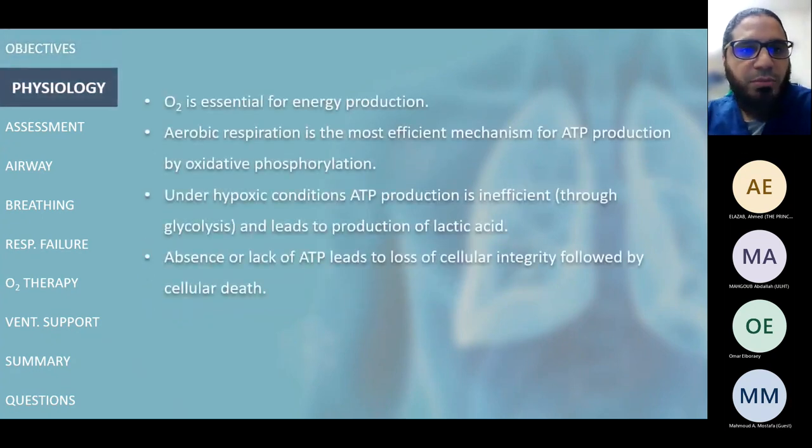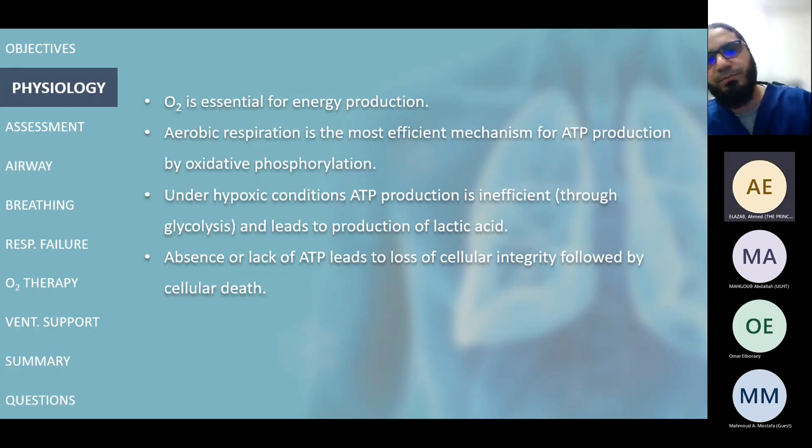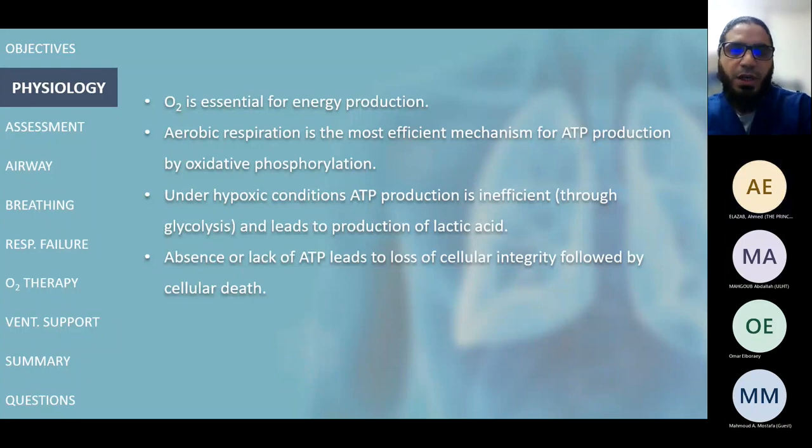So about the physiology of our respiratory system, the main function is to deliver oxygen to the cells. And oxygen is an essential element for energy production. It's used by the mitochondria to produce ATP, and under hypoxic conditions, if ATP production is inefficient, the body has an alternate pathway, which is the anaerobic route, and this will lead to lactic acid production and lactic acidosis, and this can compromise the hemodynamics.